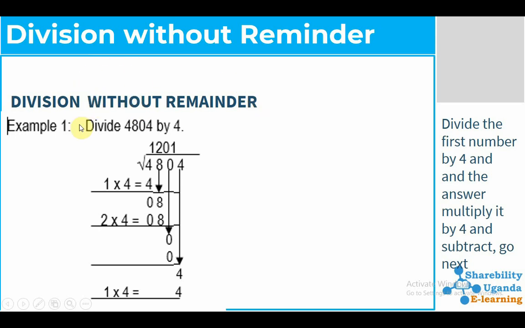We have our example here. We have been given a number, and you're saying divide 4,804 by 4. We are dividing this long number by 4. Sometimes if you divide one by one, it takes a lot of time.